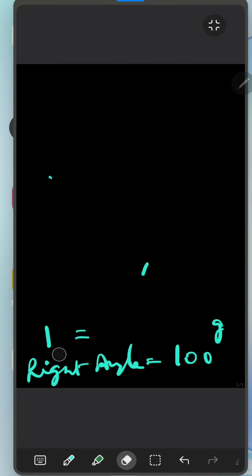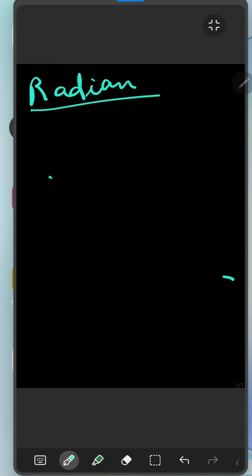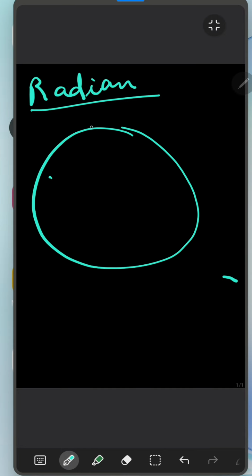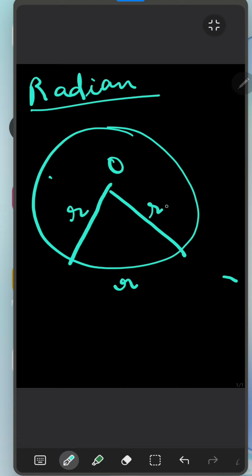Now moving to radian. What is radian? An angle subtended by an arc of length equal to the length of the radius at the center of the circle is said to have a measurement of 1 radian.